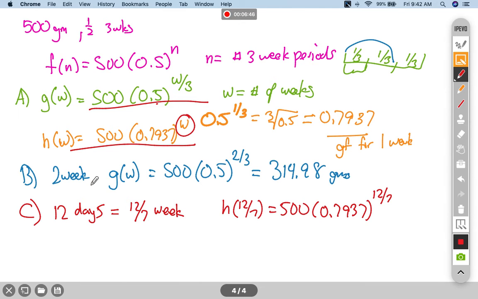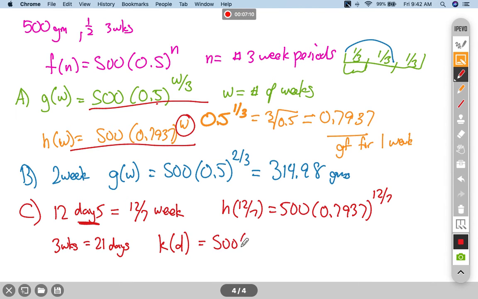Now, my other way to do that is I'm doing days instead of weeks, or I have a different period, so I could just say 3 weeks equals 21 days. So I could make myself a new function, let's go k of d, write this in terms of days.